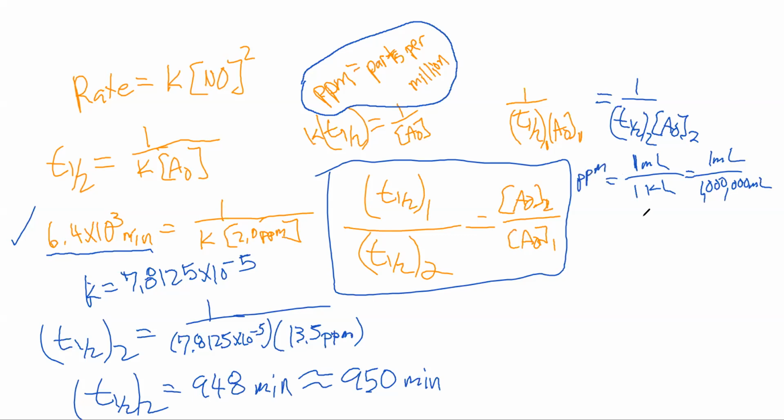We see it often because they do 1 milligram per 1,000 liters, or you see it as 1 microgram per liter, because they're using the fact that most of those solutions are going to be in water with a density of 1 gram per 1 milliliter. So they kind of get mixed around in there.